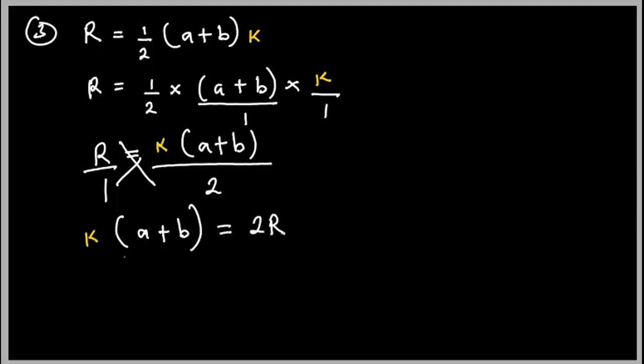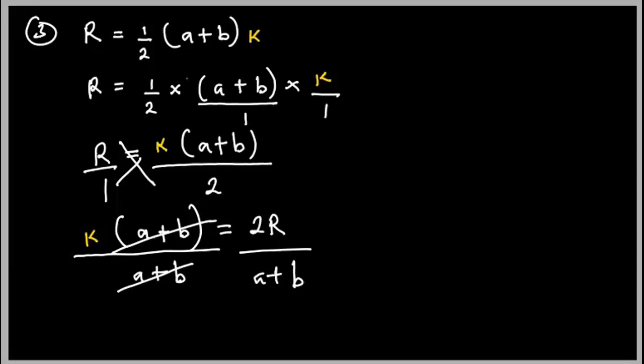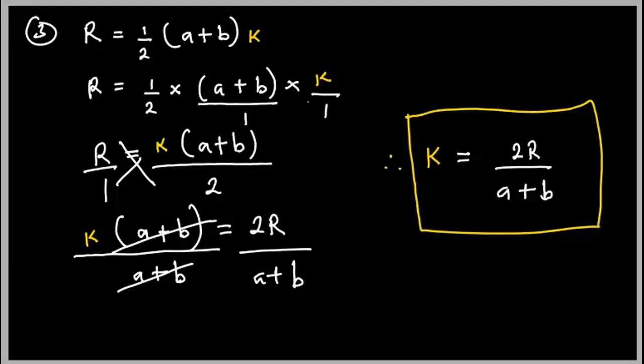So to get my k here, I'll divide both sides by a plus b, and finally this cancels this, and k becomes k equals to 2r over a plus b.